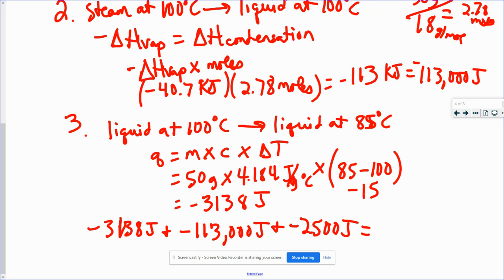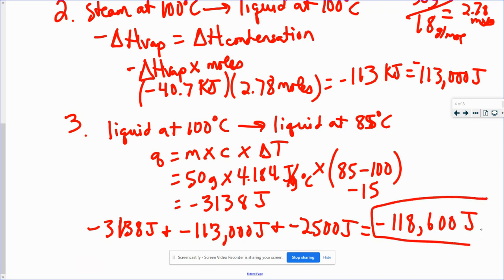Okay, and that equals negative 118,600 joules. So that is my total answer when I add the three steps together.